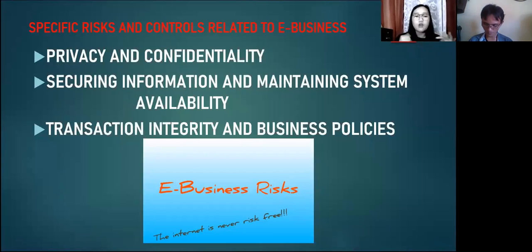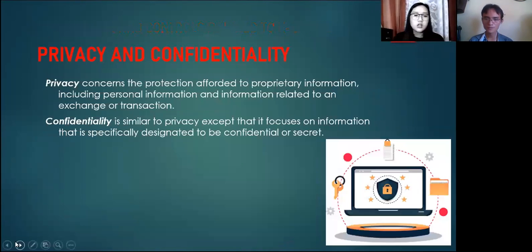So for us to understand the risk of e-business, here are specific risks and controls related to e-business: privacy and confidentiality, securing information and maintaining system availability, and transaction integrity and business policies. So the first risk associated with e-business is privacy and confidentiality.